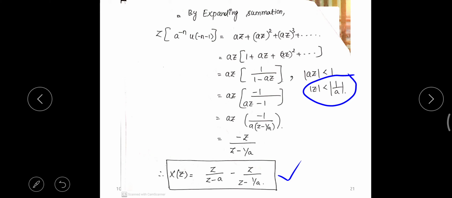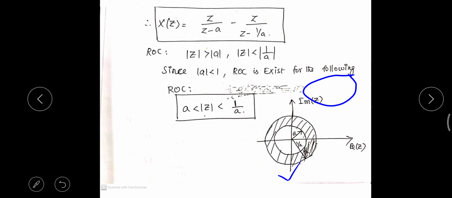Now we'll see the ROC. Whenever they give a double sided infinite sequence, my ROC will be a concentric ring, which means between two circles. The first one is mod of z greater than mod a. The second one is mod of z less than 1 by a.